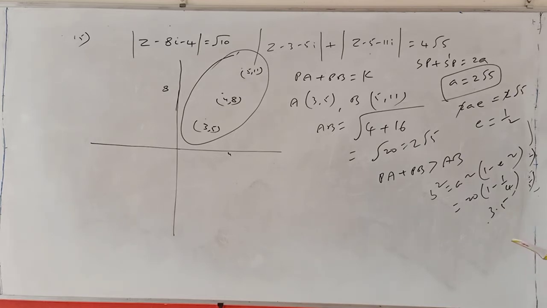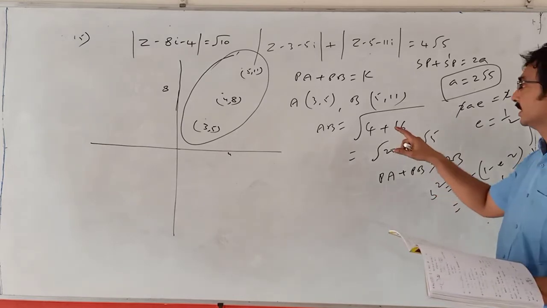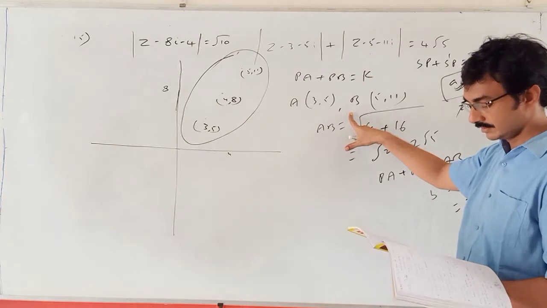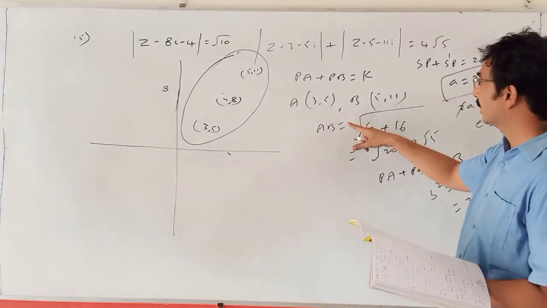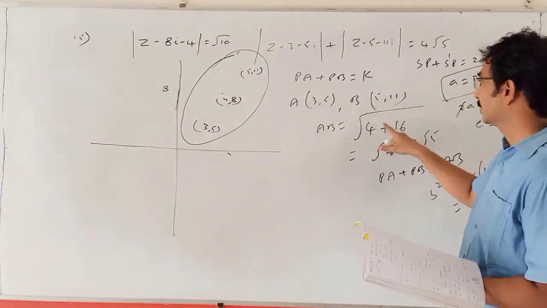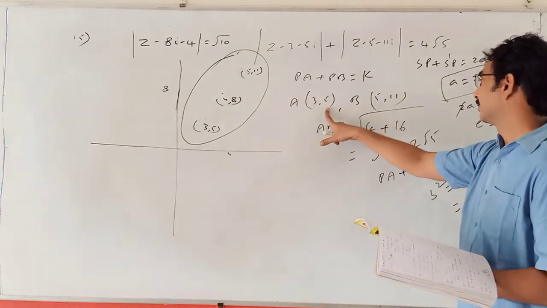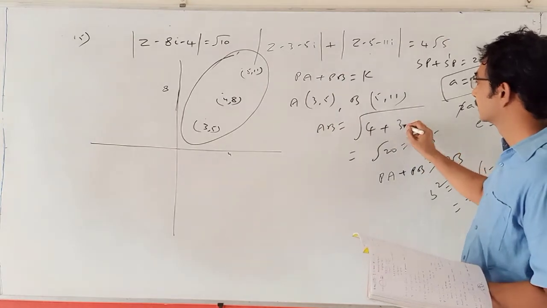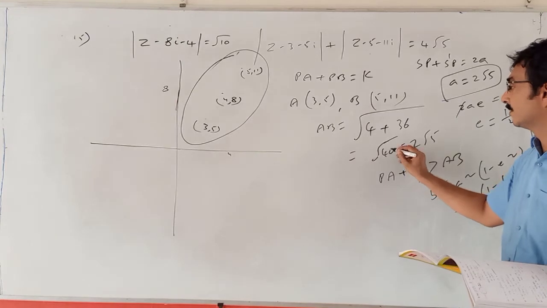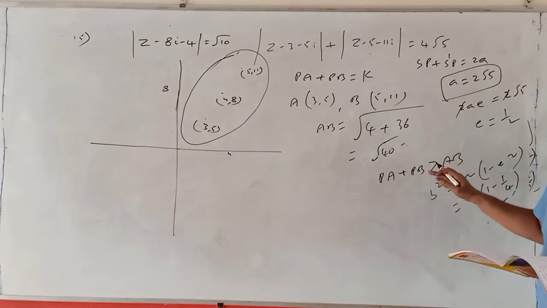A value 2 root 5, 2a equal to root 40. Distance between the foci, points 3, 5, 5, 11. 5 minus 3 is 4, 11 minus 5 is 6, so 16 plus 36 which is 40.